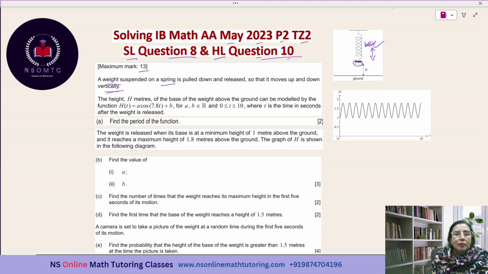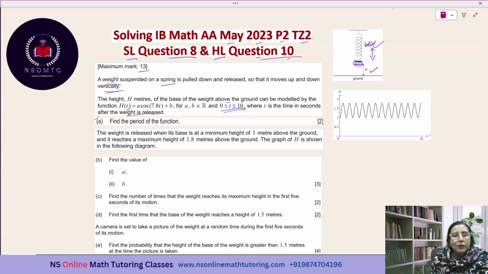The height h meters of the base of the weight above the ground can be modeled by the function h of t is equal to a times cos of 7.8 times t plus b, for a and b belonging to the set of real numbers and t is greater than or equal to 0 but less than or equal to 10, where t is the time in seconds after the weight is released.